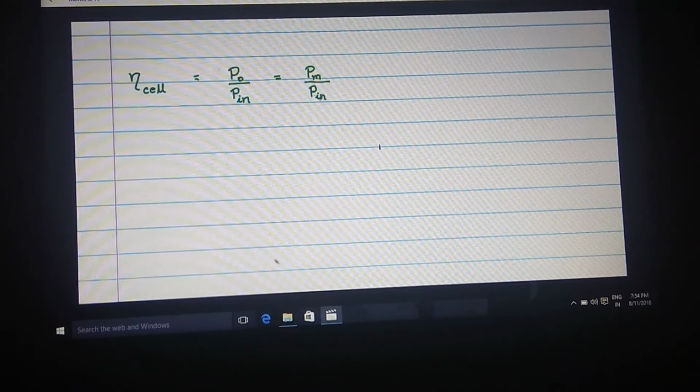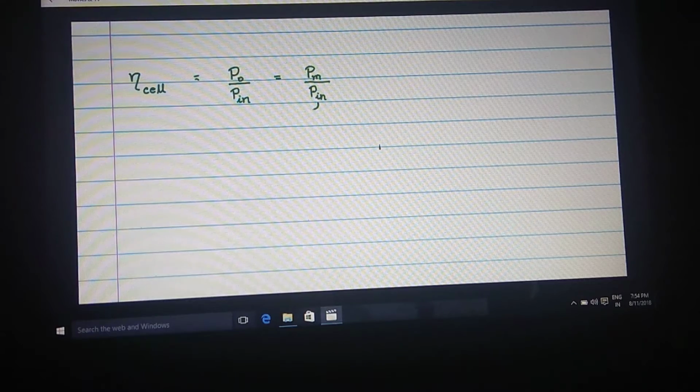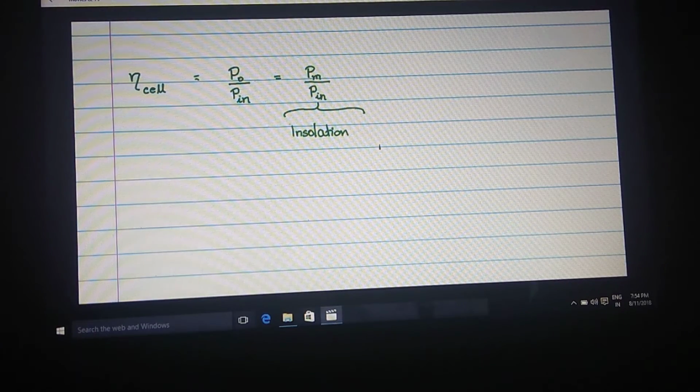And what is Pin? Pin is nothing but insolation, which is given in kilowatt per meter square, into the total area of the cells.